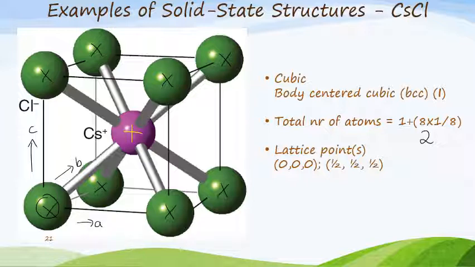Okay, and then the second lattice point is 1/2, 1/2, 1/2, which means we move 1/2 in A, 1/2 in B, and 1/2 in C. So let's do that. We walk along here till we get to 1/2. Then we walk along B till we get to 1/2. And then we walk along C until we get to 1/2. And we end up at this position here. And that is the second lattice point for a body-centered cubic example of cesium chloride.